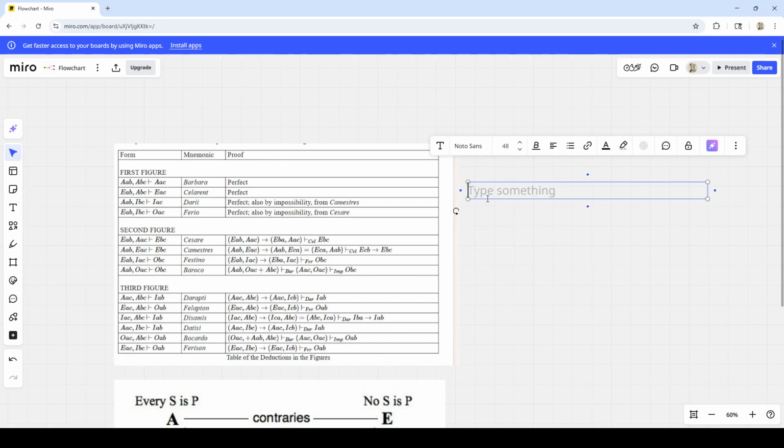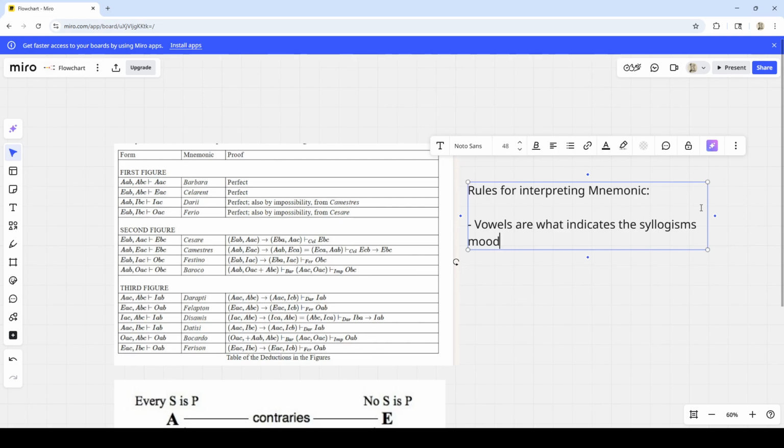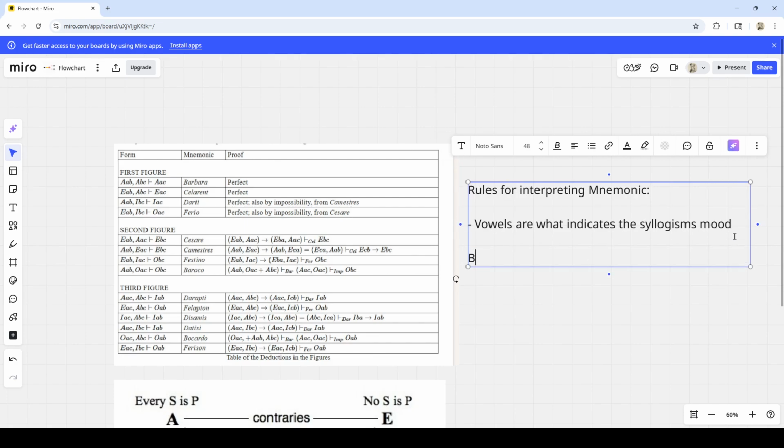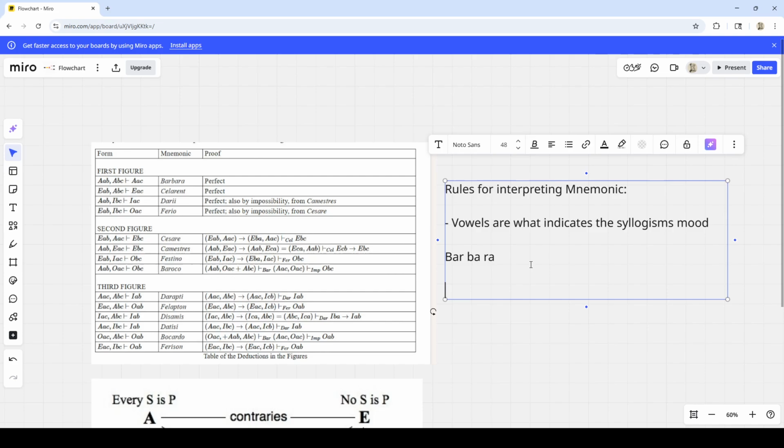Okay, so the rules for interpreting the mnemonic go like this. The mnemonics were used by Latins to memorize the mood of syllogisms, and really just how to prove them, right? So the rules: one, the vowels indicate the syllogism's mood. If I give you an example, I keep using Barbara. You see there's three vowels, so Barbara indicates an AAA mood.